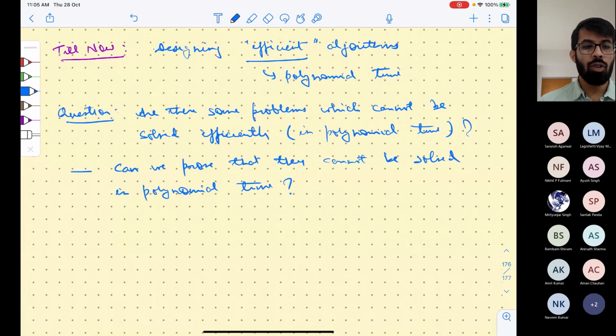And the answer to this question is not that straightforward, because showing lower bounds is extremely hard. What does it mean to say that a problem cannot be solved in certain time?